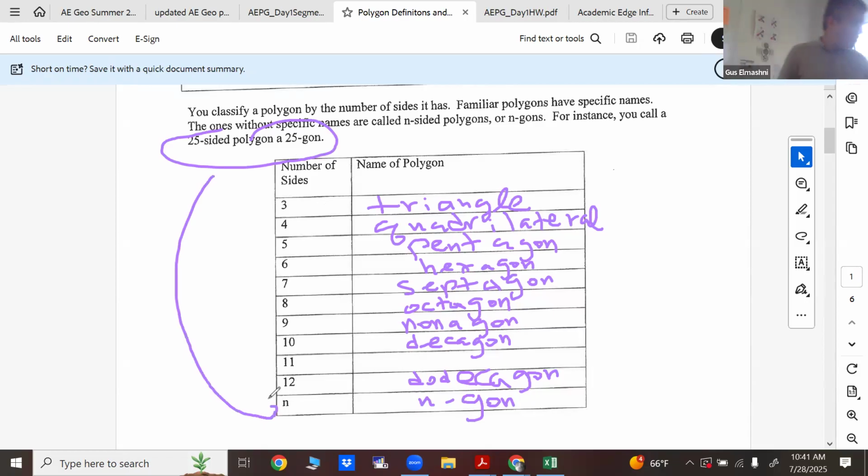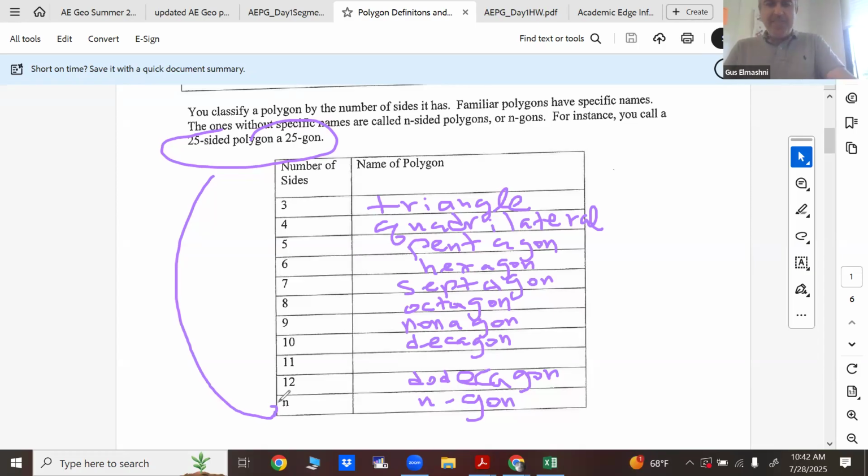Let me look this up real fast. Dodec. I was right. Dodecagon. 11-sided polygon.